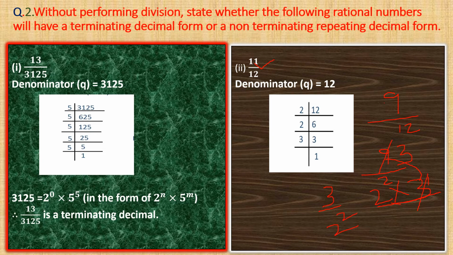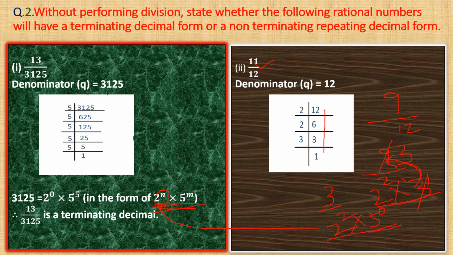Here the denominator should be in this form, right? Here we have 2 square, means 2 power n we have, but we don't have 5 power m, means I can write here into 5 power 0, right? So now it will be terminating. After prime factorization of the denominator, if another number comes, then you should check whether it is divisible with the numerator. If so, you can write the denominator as 2 power m into 5 power n.